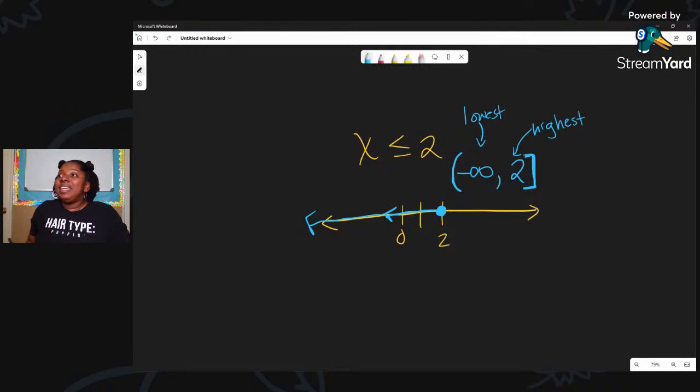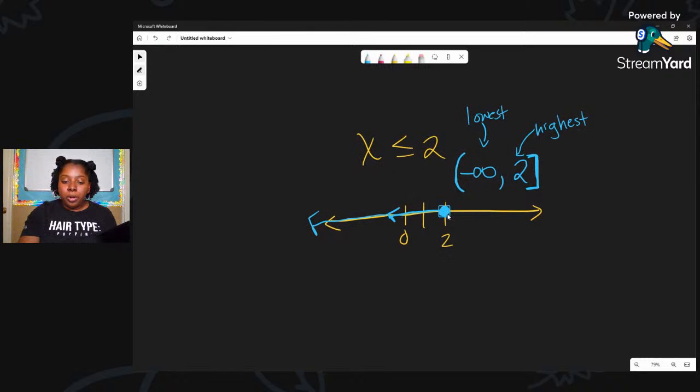All right, so let's do a different one. I just want you to see the difference. We have a closed circle and a bracket here because x can equal 2.